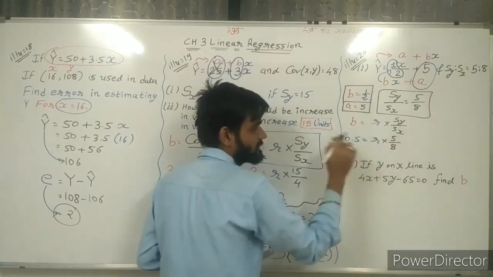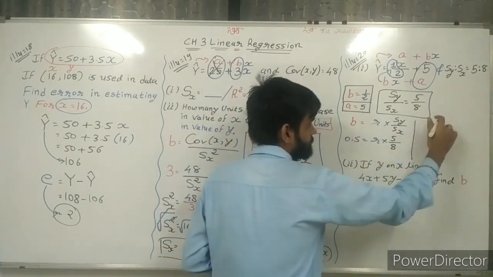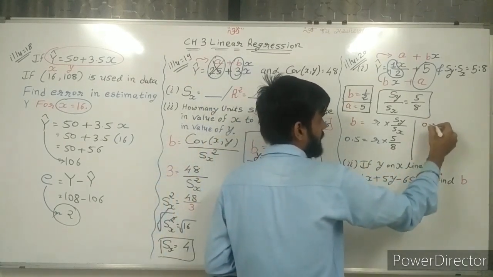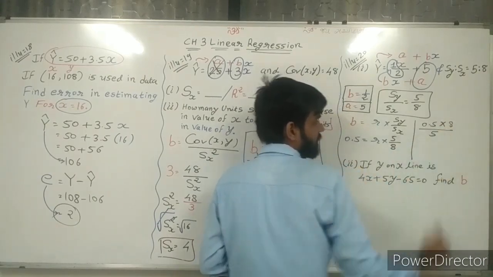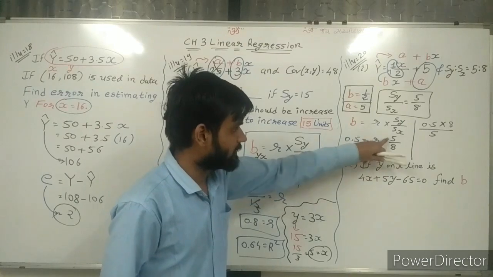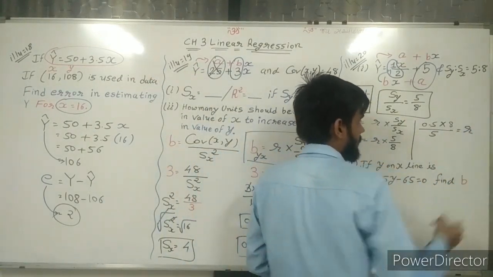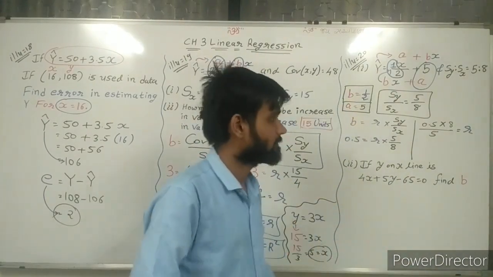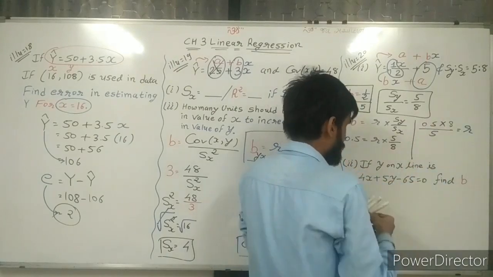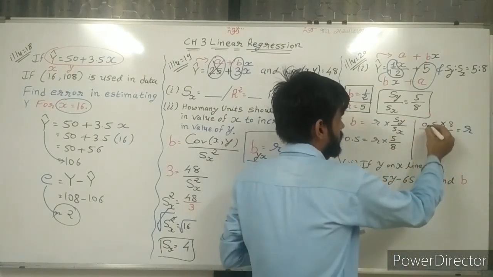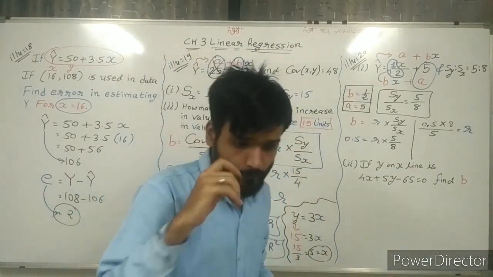Now change the side of this. 0.5, I am writing here. 0.5 multiply with 8, divide with 5. So this is a multiplication, this is a division, and we are getting the value of r. Now sir, what is the solution of this? 0.5 into 8 divided by 5.